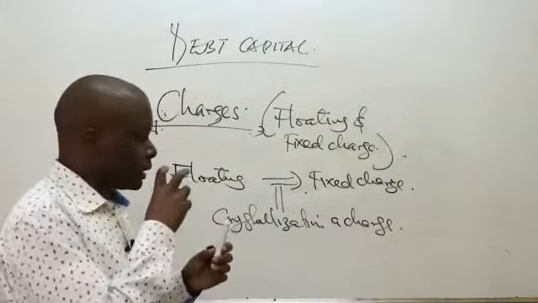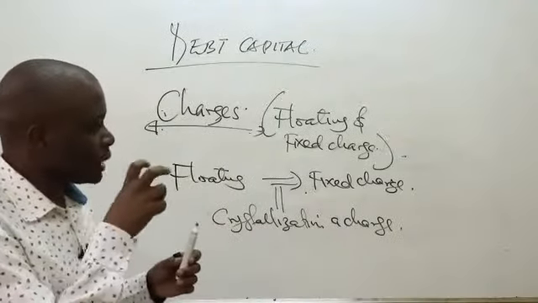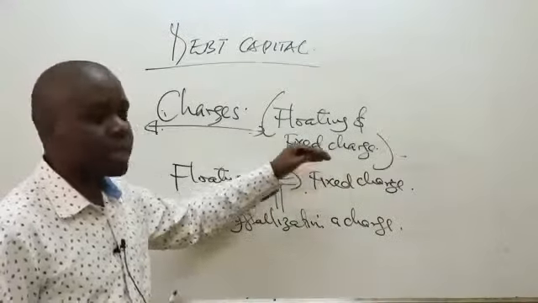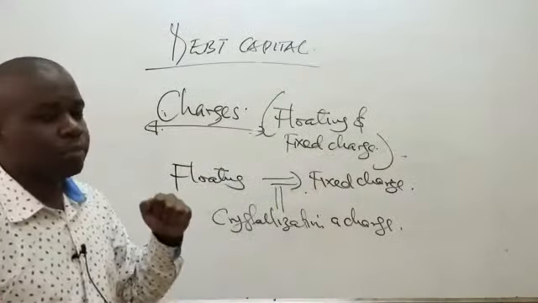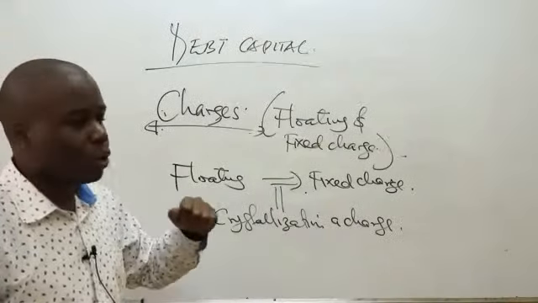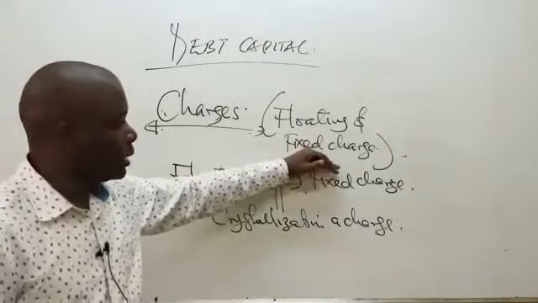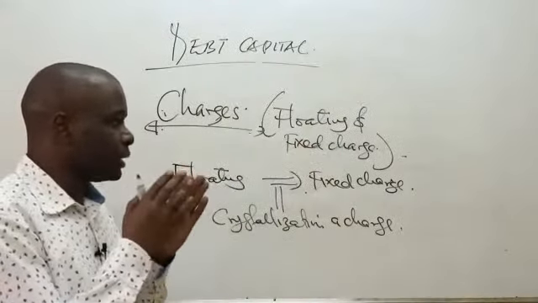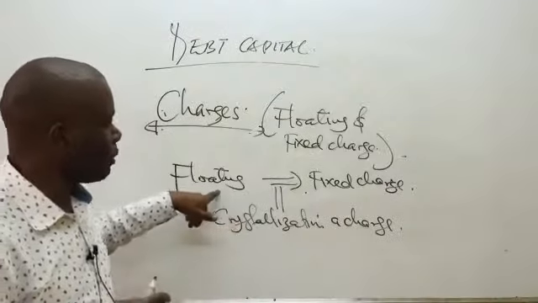That point distinguishes a floating charge from a fixed charge, such that a fixed charge is on a specific asset. You won't be able to use the asset in whatever way you want unless you consult the debenture holders under the fixed charge. But when the occurrence of an event actually happens, this particular charge will no longer be a floating charge.